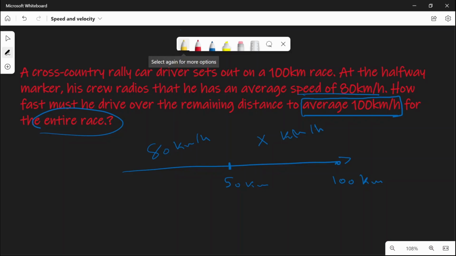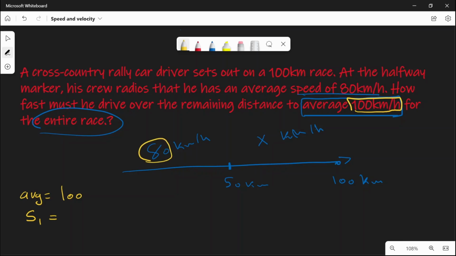We know that the average speed should be equal to 100, as given here. And the first speed, let's say S1, is equal to 80. And we don't know S2. It's equal to X. And then we'll apply the arithmetic mean rule I showed you earlier, which is 100 equal to 80 plus X over the quantity.